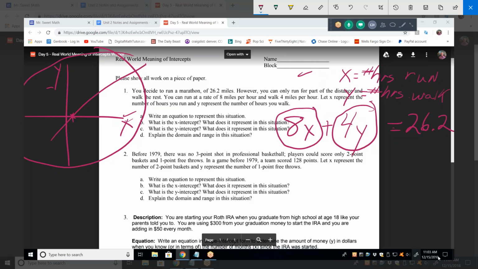Well, what is the y-coordinate there? 0. Yes, that's what I'm trying to get at. So we're going to make y 0. And when we do that, it takes out that 4y. So we get 8x equals 26.2.